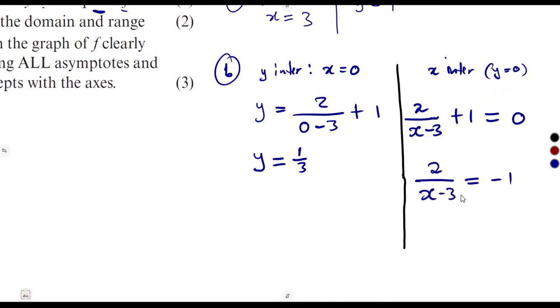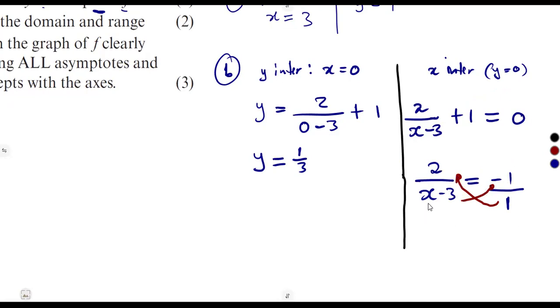Remember, this is a whole number. There we have got a fraction. So write it as over 1 like this, so that it becomes a fraction. By cross multiplying, this was going to multiply this side, this was going to multiply this side. So take note, guys, x minus 3 is affected by minus 1. Everything here is affected by minus 1.